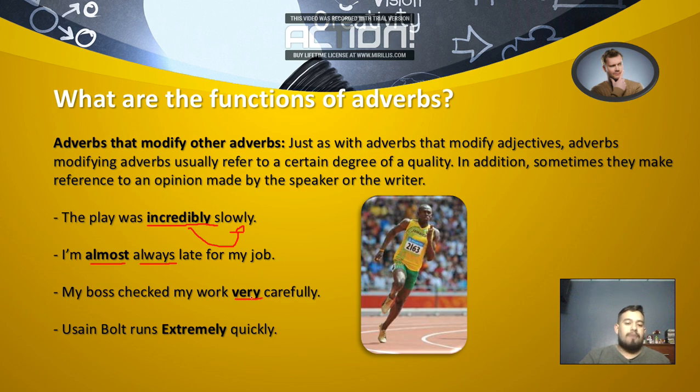Here the adverb very is referring to the other adverb carefully to show a kind of degree. The boss usually checks the work. And finally, Usain Bolt runs extremely quickly. We all know that Usain Bolt is very, very quick, but maybe the speaker thinks that he is extremely or even extraordinarily quick.